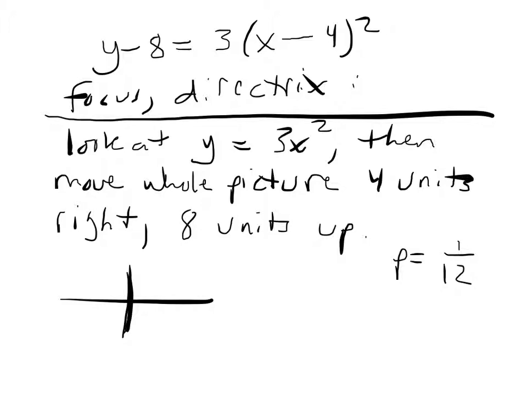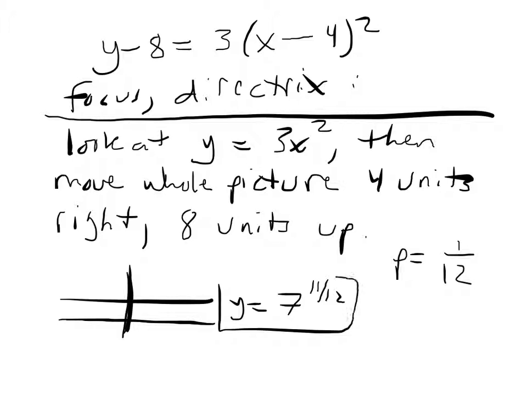So I had my directrix before at y equals negative 1/12. If I move that 8 units up, 8 units up from negative 1/12 will take me to 7 and 11/12. So y equals 7 and 11/12 is where my directrix would go.